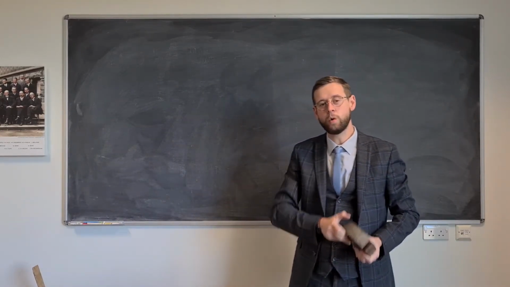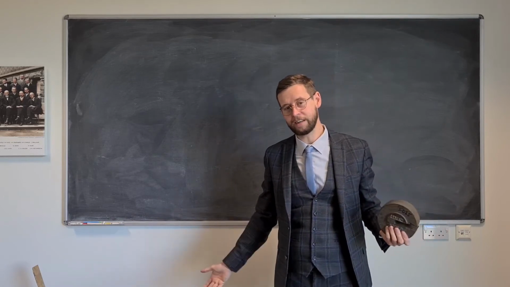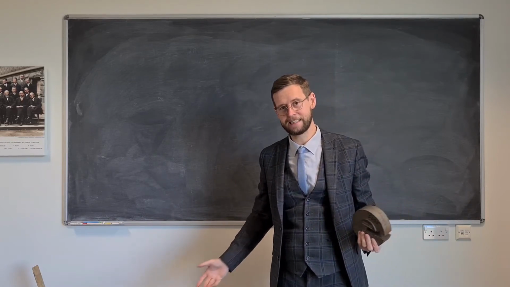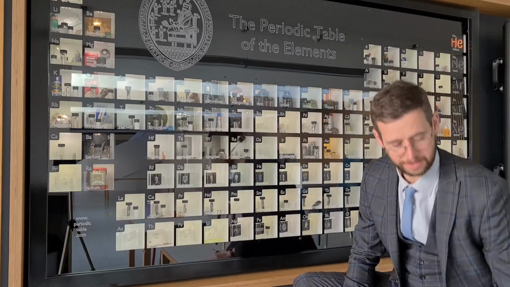So let's consolidate those ideas about mass. All of these different elements are arranged here in mass order. The hydrogen up there has the lowest mass of any of the atoms, and that's because its basic ingredient is just a single proton.